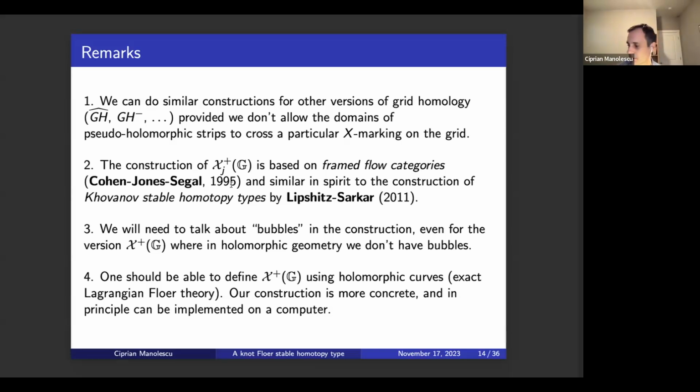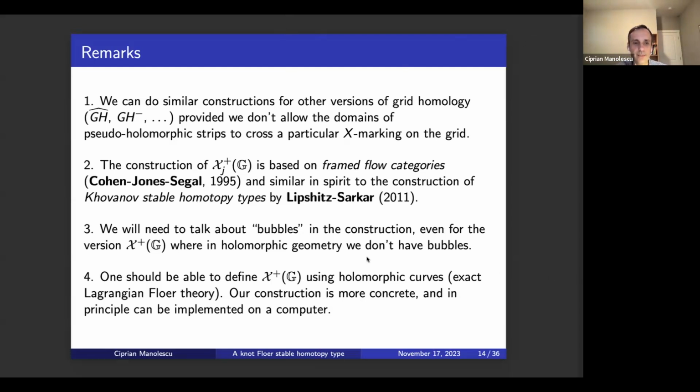The construction is going to be based on framed flow categories, which is the usual way that Cohen, Jones, and Segal imagined Floer homotopy to work, and it's very much inspired by what Lipshitz and Sarkar did for Khovanov homology.